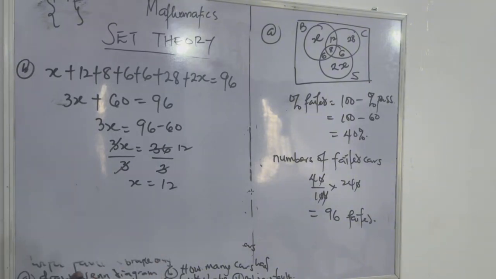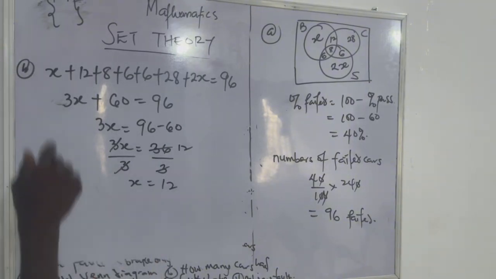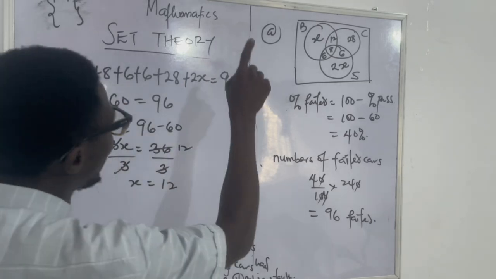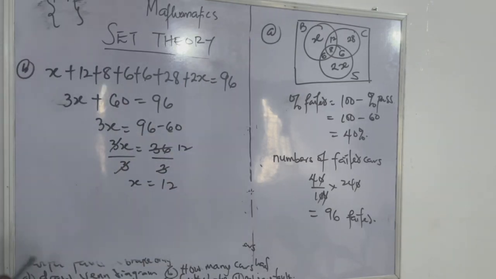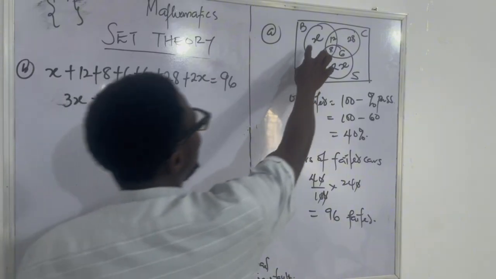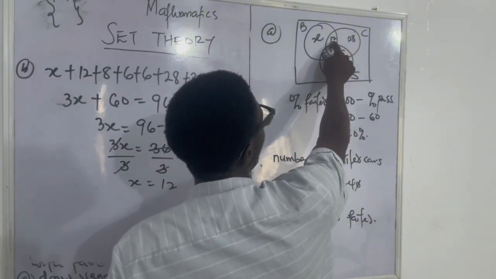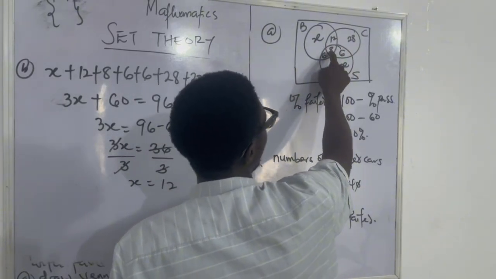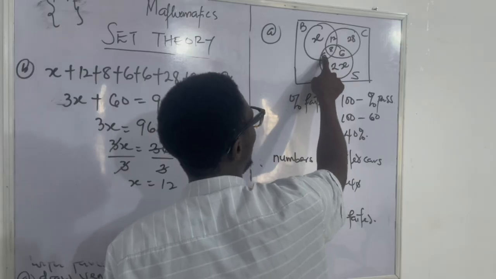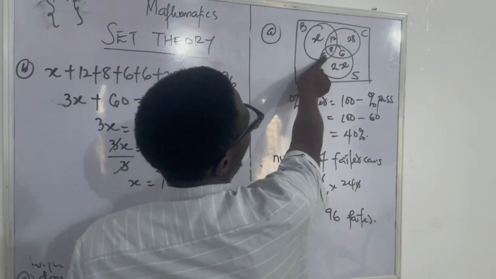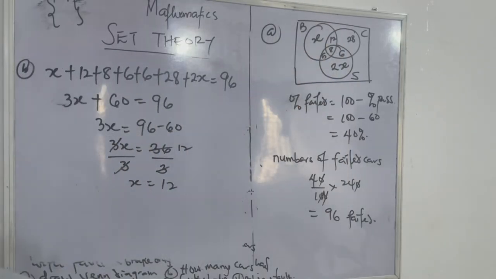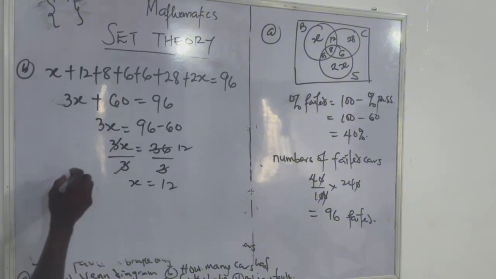If x equals 12, the number of faulty brakes will be: brake only, brake and clutch and steering, brake and clutch, and brake and steering. Those are all the faulty brakes.